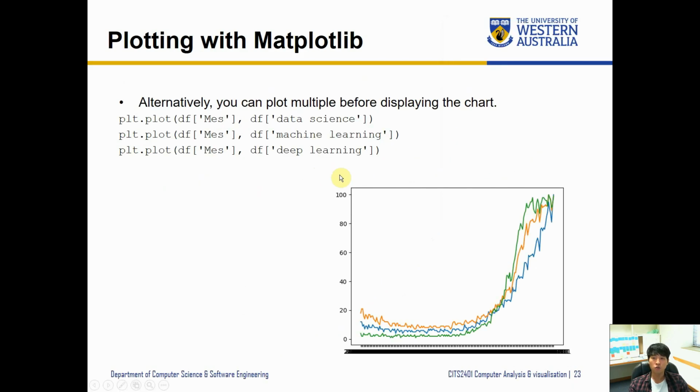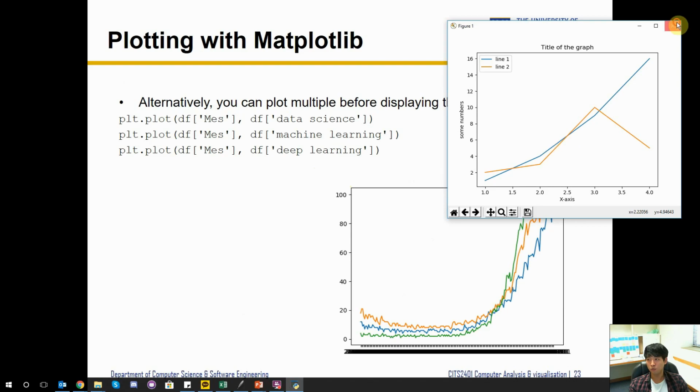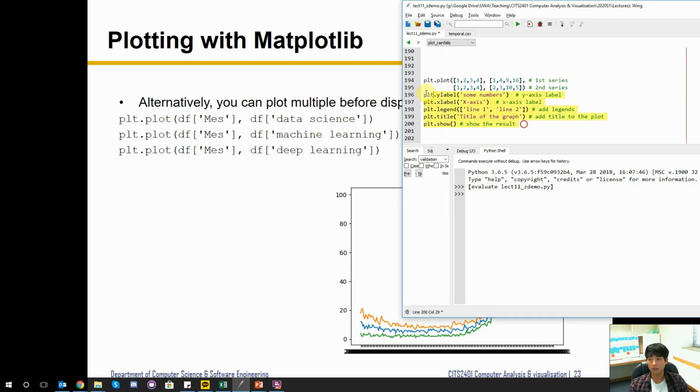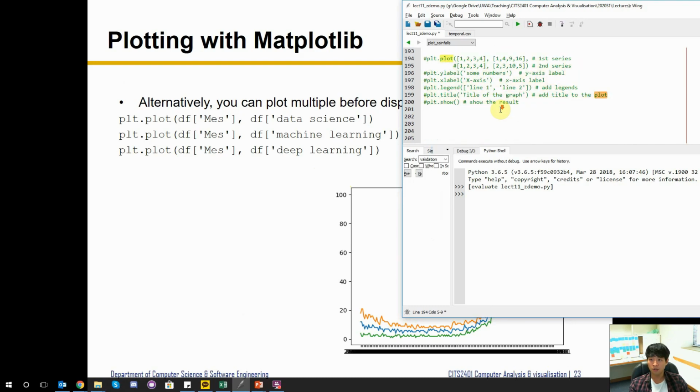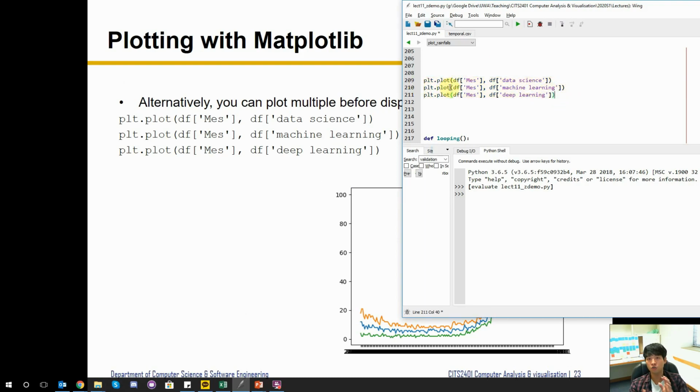Alternatively, you can plot multiple lines before displaying the chart. So basically what we did was, not that one, hide this. What we did was, here we use one plot, but you can use multiple plots. And what they're going to do is, until you show it, it's going to accumulate all of that data onto the single output.